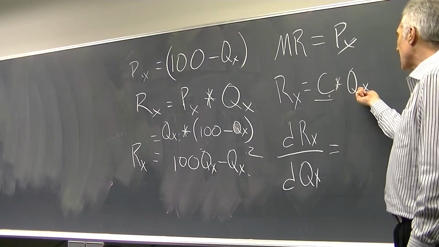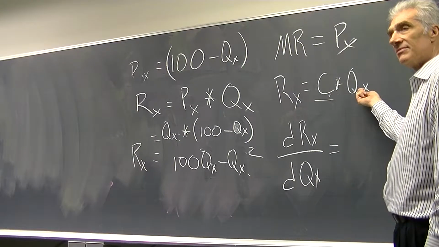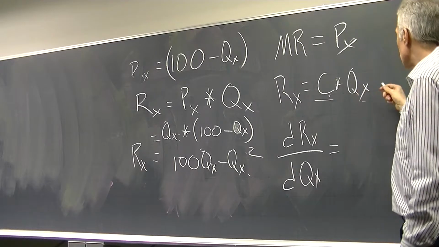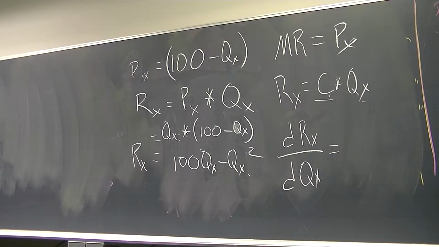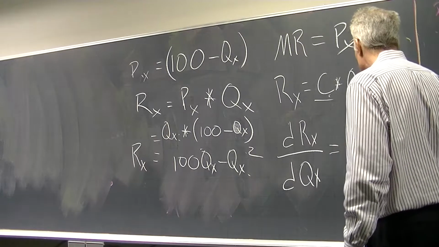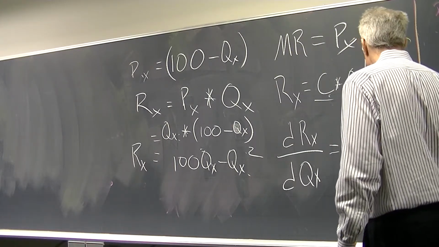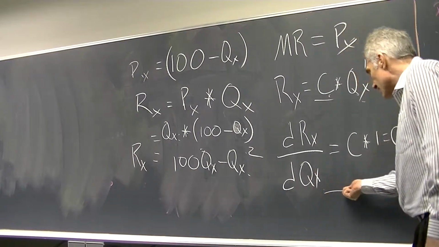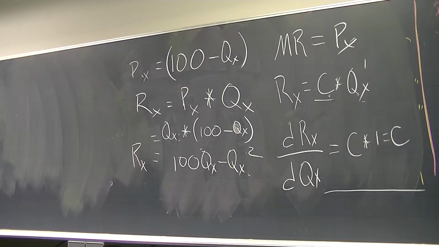The derivative of QX equals 1, so it's C times 1, which equals C. That's the marginal revenue.